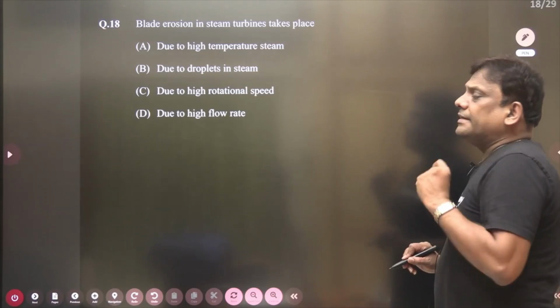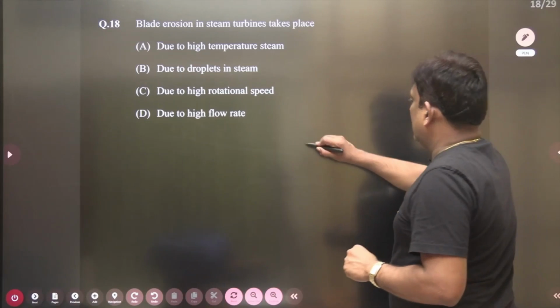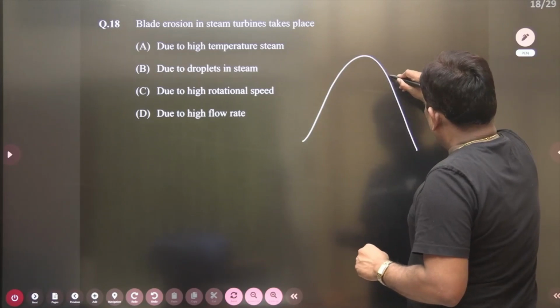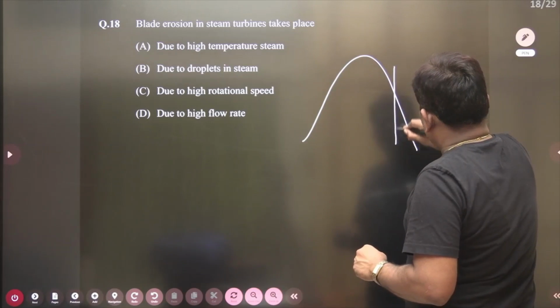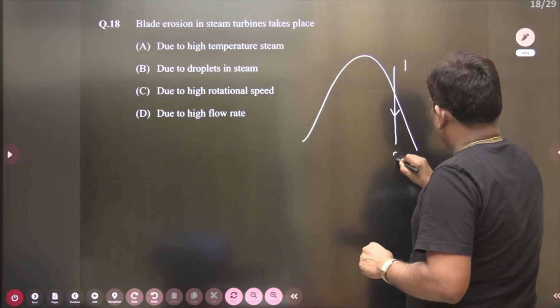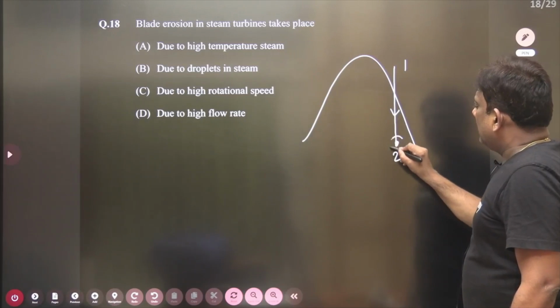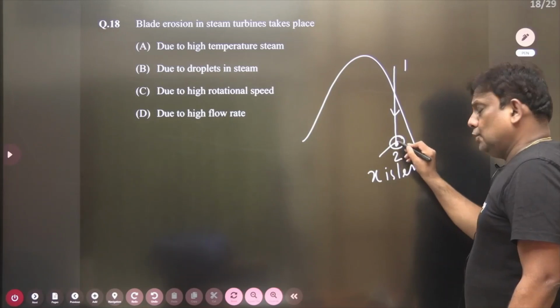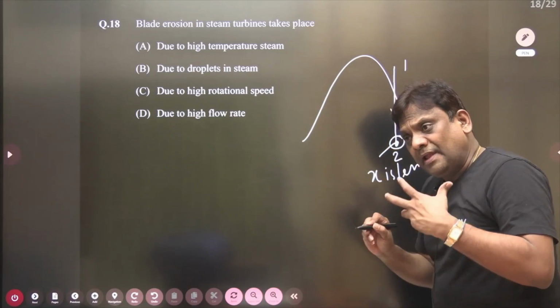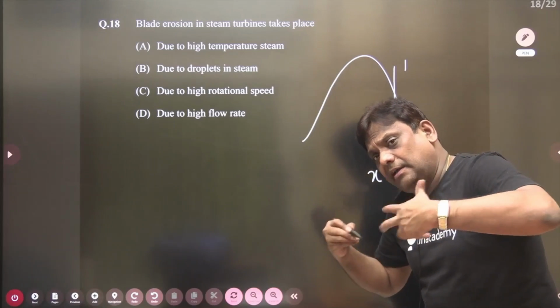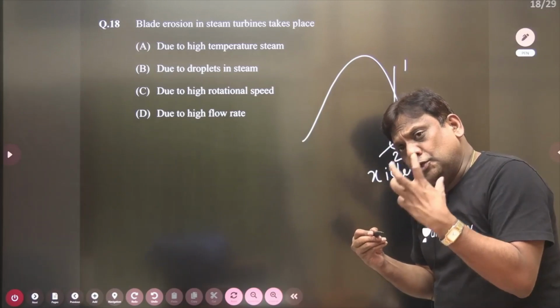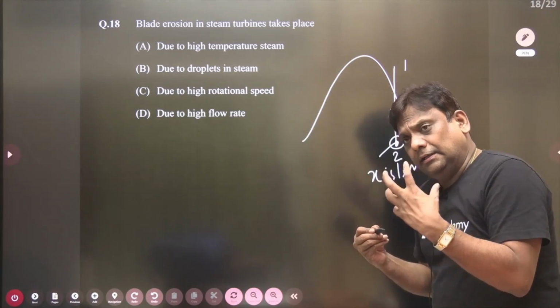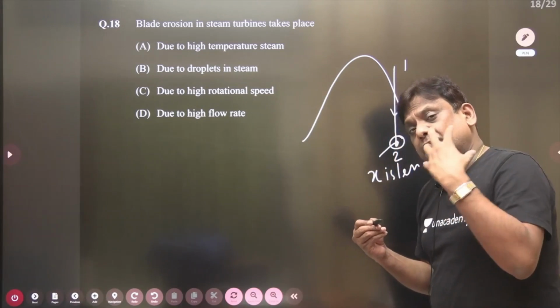Blade erosion in steam turbines takes place. Look, my dear students, we know the steam is expanding, say from 1 to 2. If the drainage fraction is less, the liquid content will be more, and the velocities are very high in a turbine. The liquid, due to high density, impinges and erodes the blades.